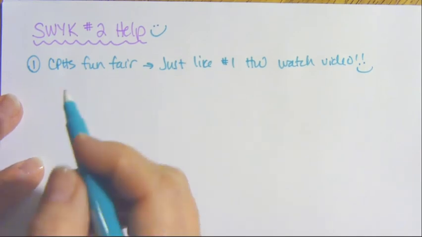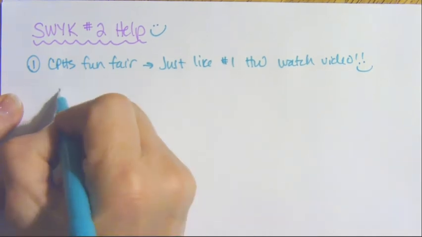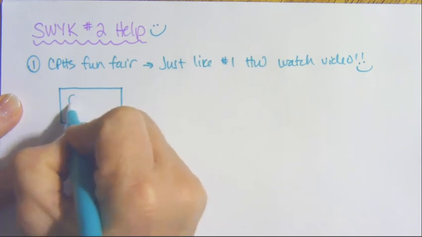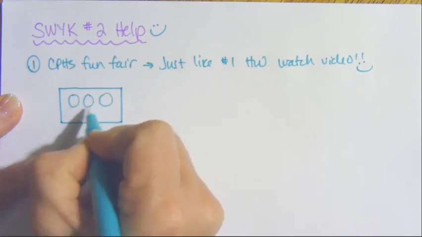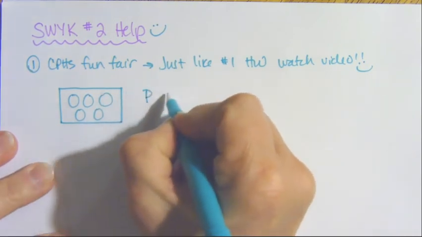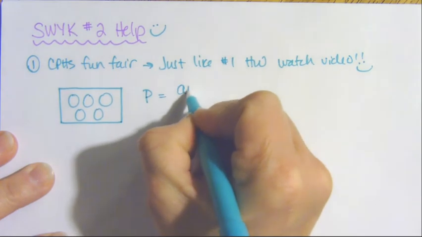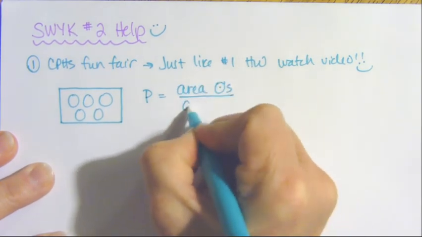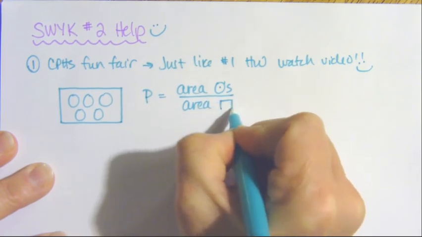This is the one where it talks about a rectangle, and there's some circles inside the rectangle. I don't know how many circles there are, so I'll just put some circles there. It doesn't matter. I want the probability that you would land in a circle out of the whole rectangle. So since I want that probability, what you're going to have to do is find the area of the circles divided by the area of the rectangle.